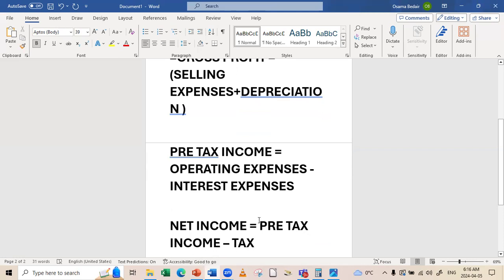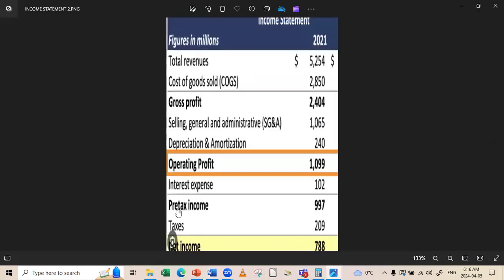So this will give me net income or net profit. Like you see here right now, the pre-tax income was 997 minus 209. That will give me the net income of 788.